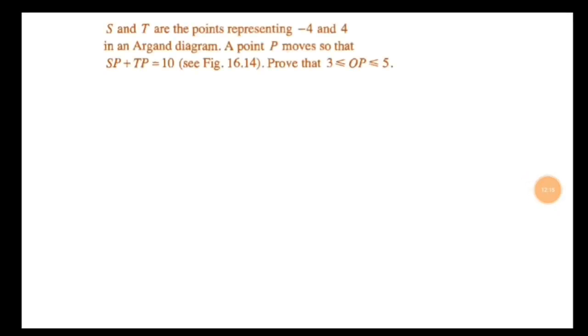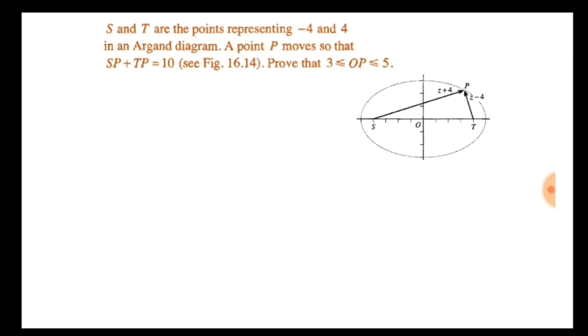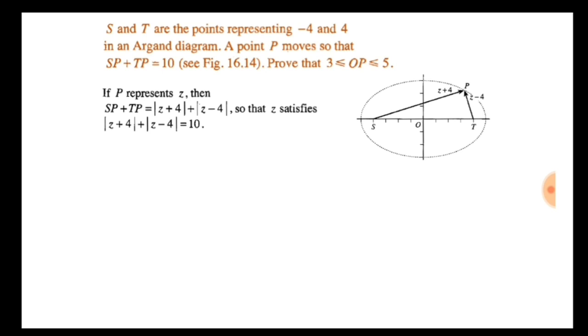S and T are the points representing minus 4 and 4 in an Argand diagram. A point P moves so that SP plus TP is equal to 10. Prove that 3 less than or equal to OP less than or equal to 5. If P represents z, then SP plus TP equal to modulus of z plus 4 plus modulus of z minus 4, so that z satisfies modulus of z plus 4 plus modulus of z minus 4 equal to 10.